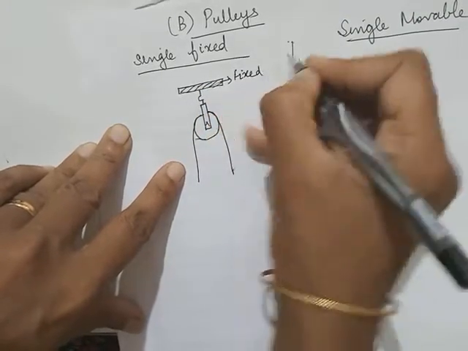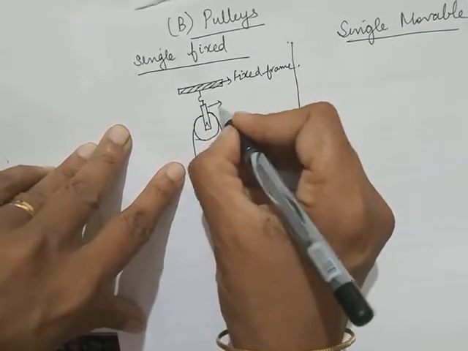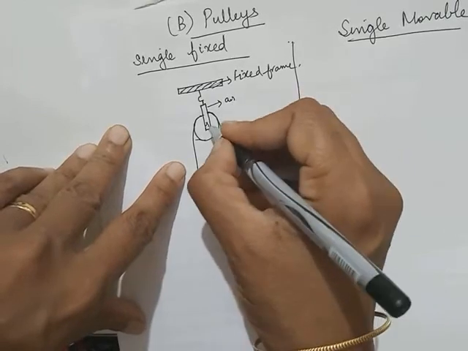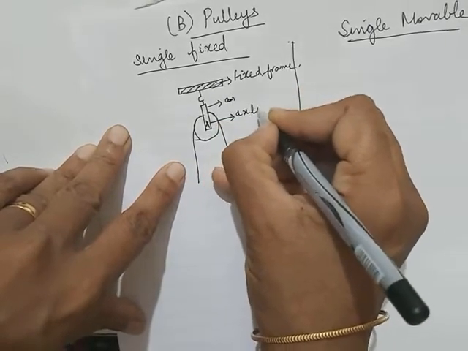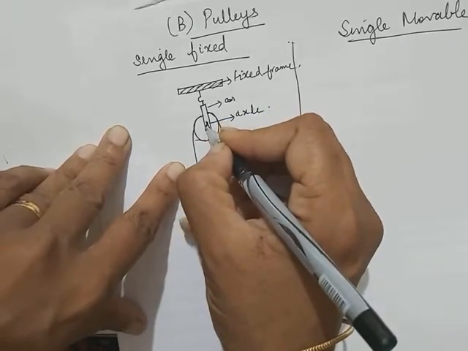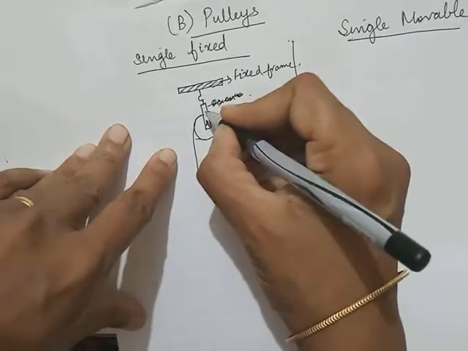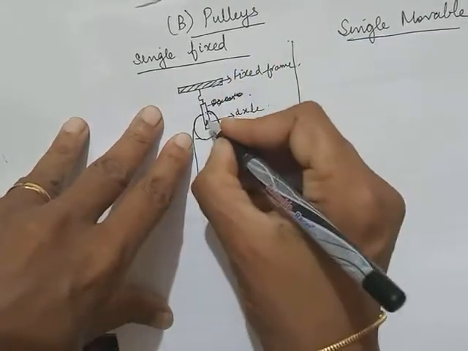This is a fixed frame, a wooden bar or something. So this is the axle. Okay, this is the frame. So main thing is fixed frame and then axle.